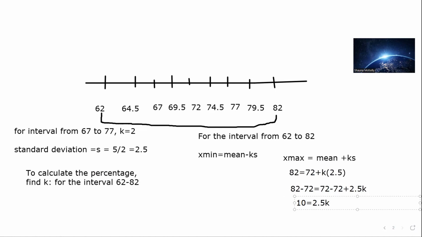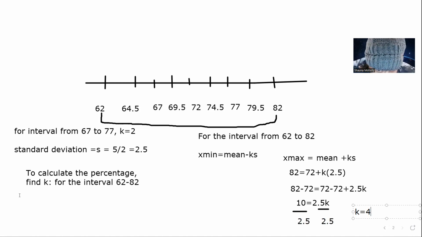And if you then divide by 2.5 on both sides, you will get 4, which is what the picture predicts. So we end up with K equaling 4, right?